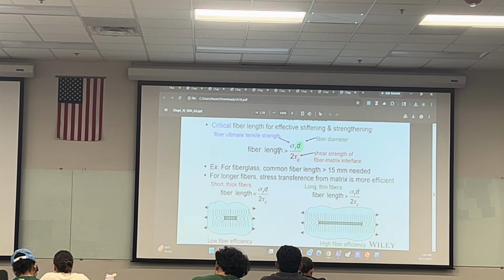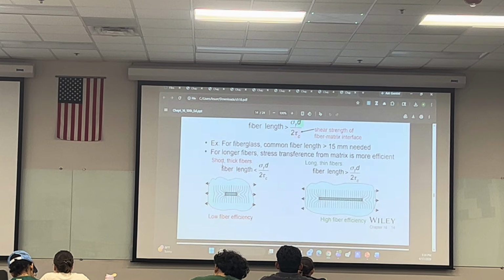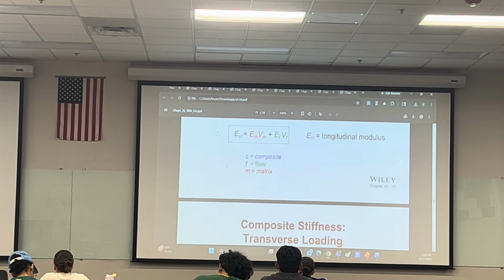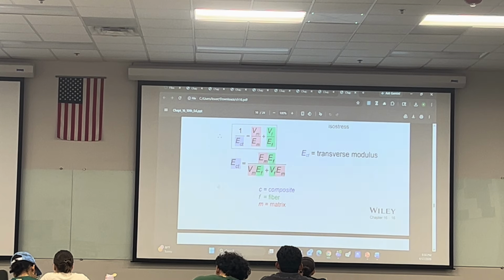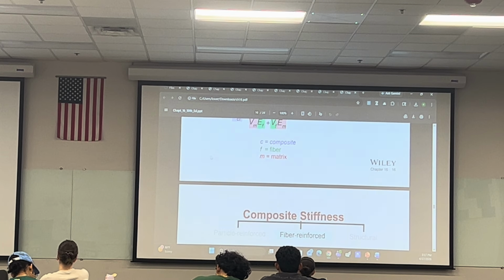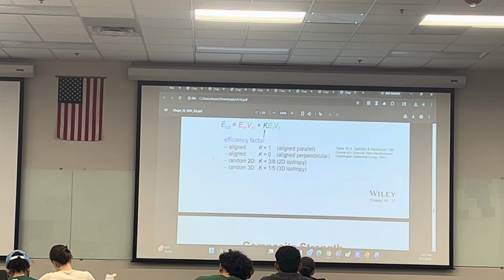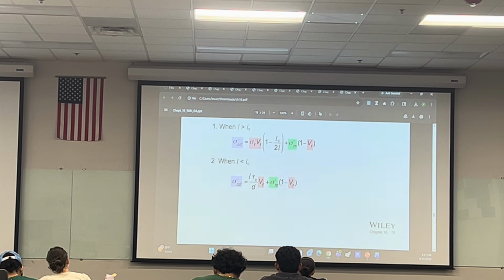Like the effect of fiber lengths, and the relationship between the volume fraction and the Young's modulus, and the stress behavior.